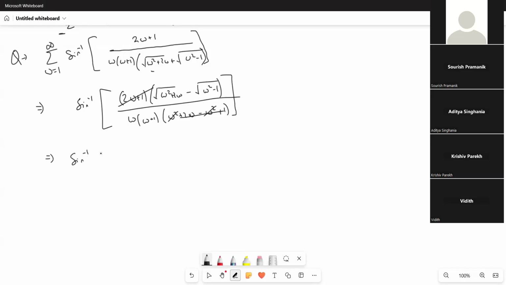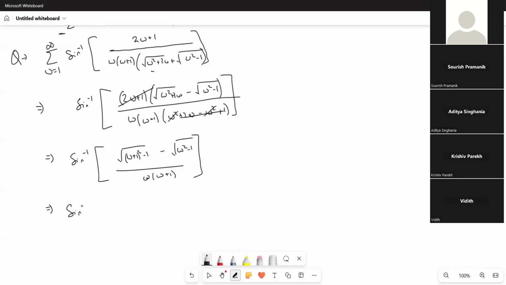तो विल हैव साइन इनवर्स ऑफ, ओके, अब थोड़ा सा रीअरेंजमेंट के लिए ओमेगा स्क्वायर प्लस 2 ओमेगा कैन बी रिटन एज रूट ओवर ऑफ ओमेगा प्लस 1 होल स्क्वायर माइनस 1 minus root over of omega square minus 1 by omega into omega plus 1. ठीक है, अब इसको स्प्लिट कर दो.